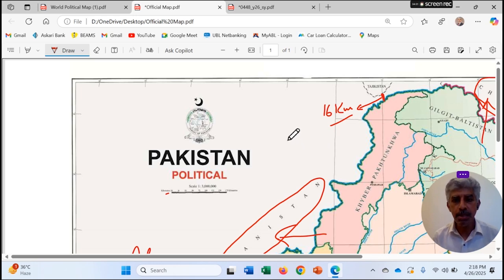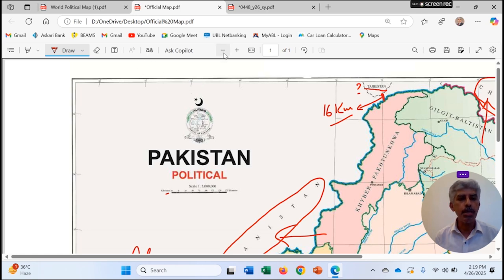So we can consider Tajikistan as a neighboring country of Pakistan, and it might be asked to label. At times we have seen Tajikistan being asked to label as the neighboring country of Pakistan. I mean, students were given a blank line over here with a question mark asking what is the name of this country. So students are supposed to write Tajikistan.